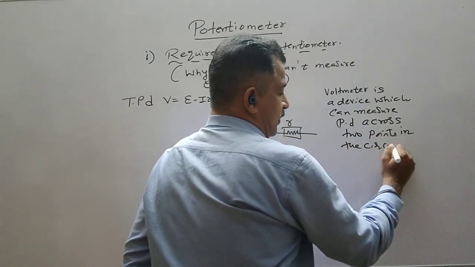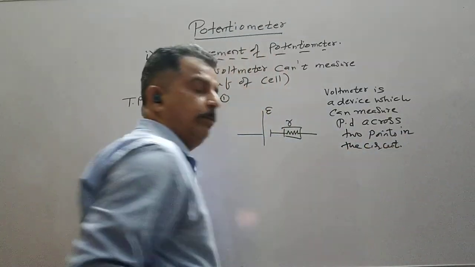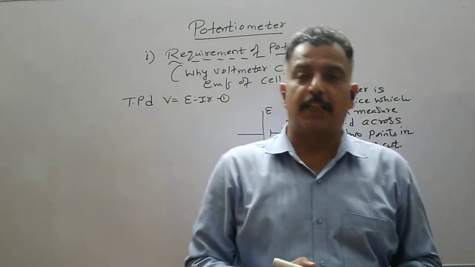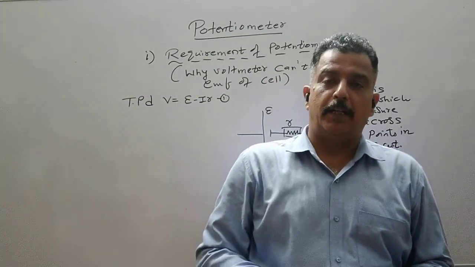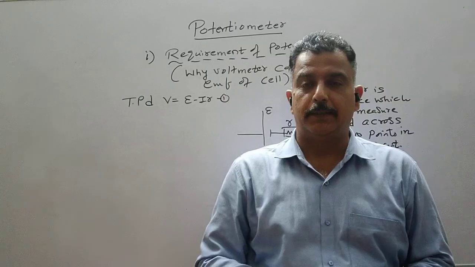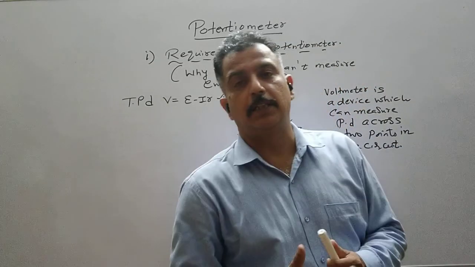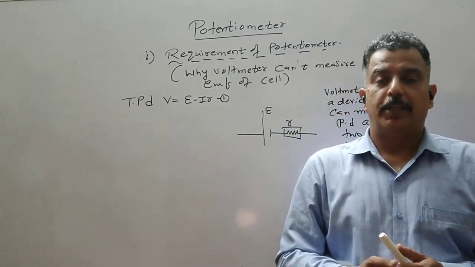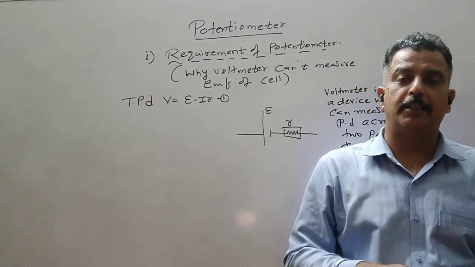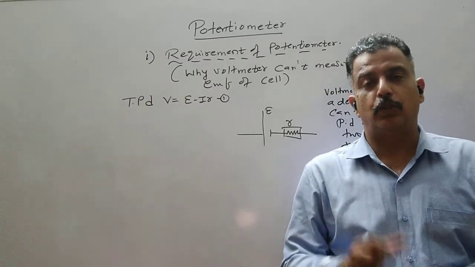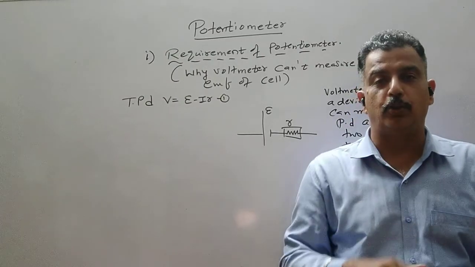Across 2 points in the circuit means the voltmeter is always connected in parallel across the 2 points. So if I want to measure the potential difference across an external resistance R, I have to connect the voltmeter parallel to it.